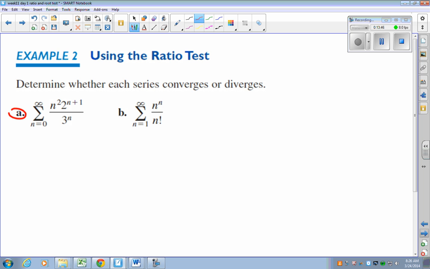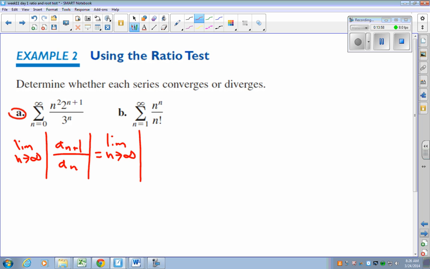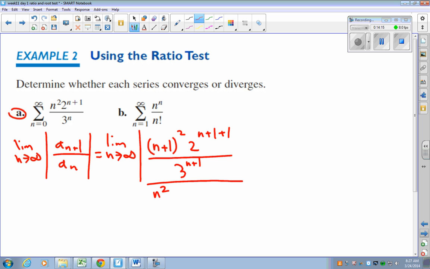Let's look at A. Limit as n goes to infinity of a n plus 1, next guy over current guy. So n plus 1 squared, 2 to the n plus 1, all over 3 to the n plus 1, all over n squared 2 to the n, all over 3 to the n. Now, I'm writing it like this currently, but realize you could write it right away the way I'm about to.